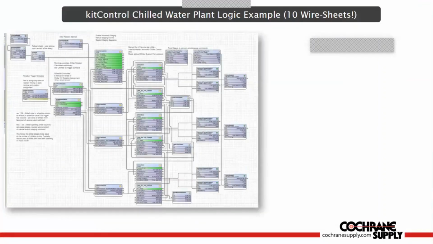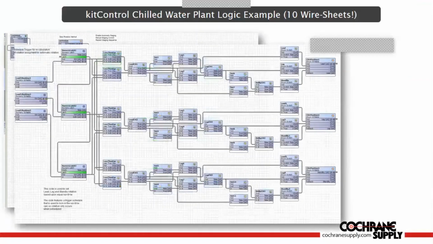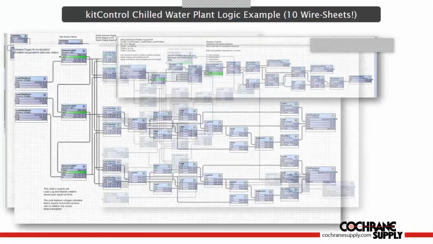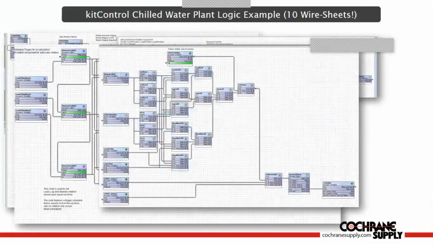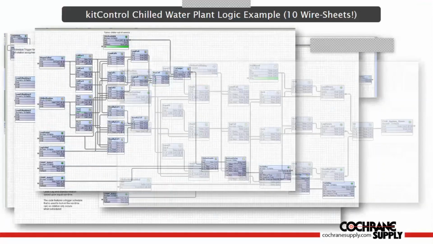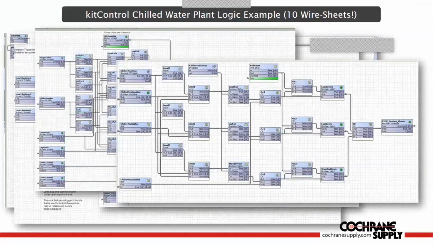Now I wanted to show you, this is a typical Niagara kit control chilled water plant logic example. And what we're trying to show you here is there are 10 wire sheets that were used to configure this chilled water plant example.